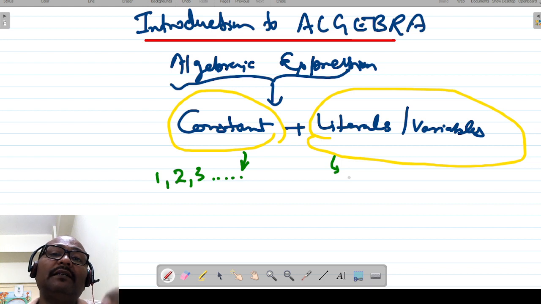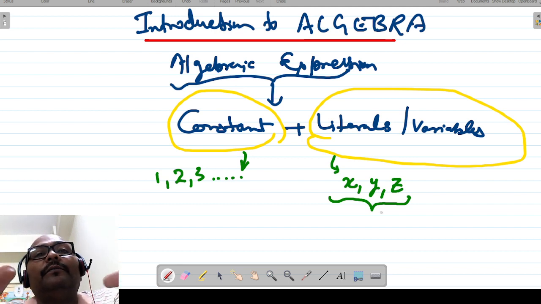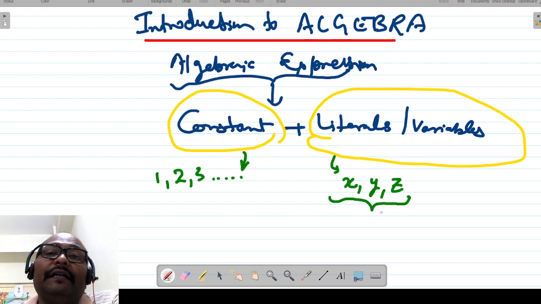Literals are the alphabetical denotation. Alphabetical means it can be X, Y, Z. It's an alphabetical representation of the required answer which we are going to calculate. We'll take some examples later on. It is a very interesting topic.